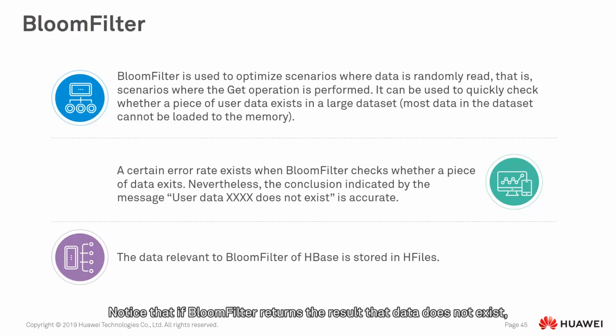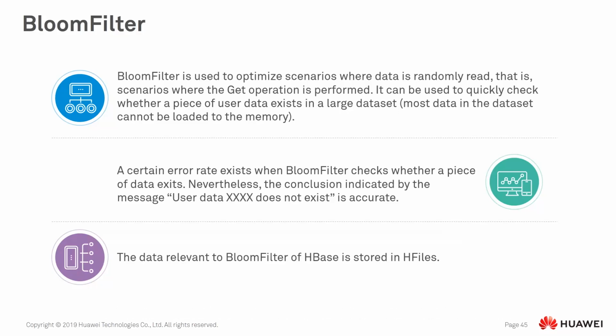Notice that if Bloom filter returns the result that data does not exist, then this result is absolutely accurate. If it returns exist, there may be misjudgment. And data relative to Bloom filter in HBase is actually stored in H files.